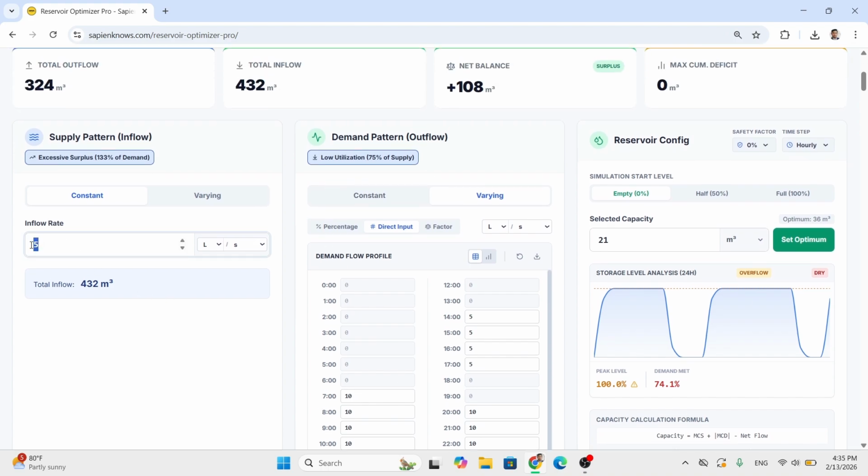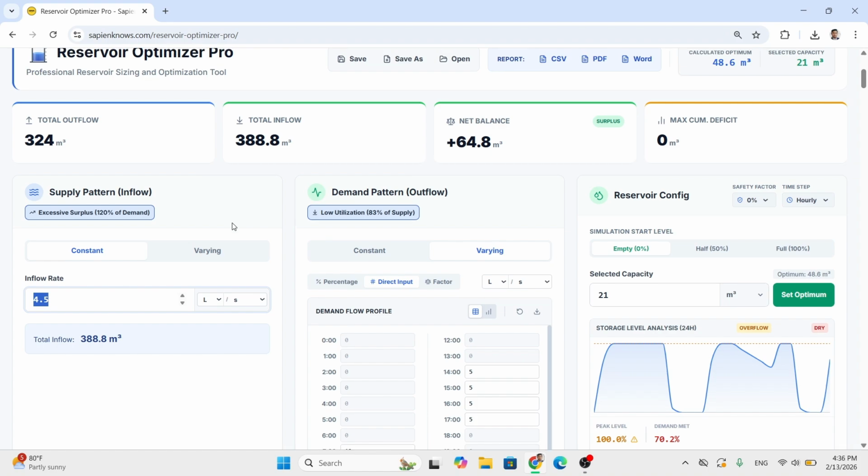We can decrease the inflow of the water. For example, if we only draw, let's say, 4.5, again the balance is very high. For optimization, the net balance should be as small as possible. So let's draw it at 4. It is now nearly balanced, at about 107% of demand.